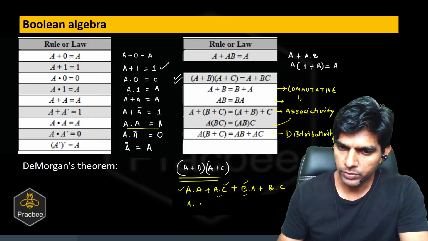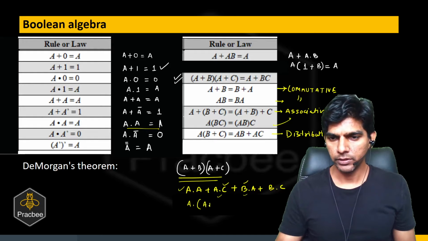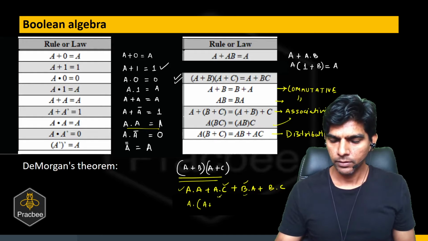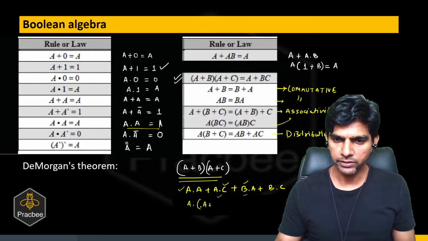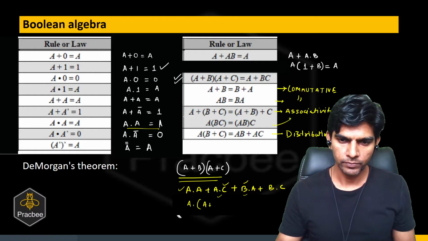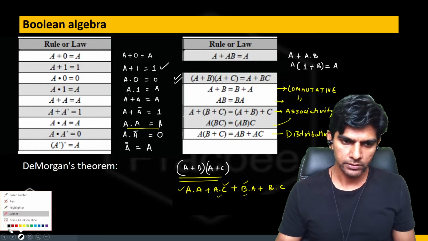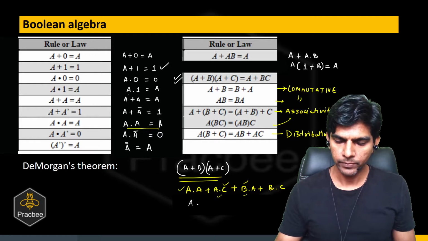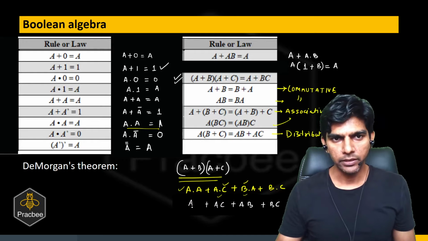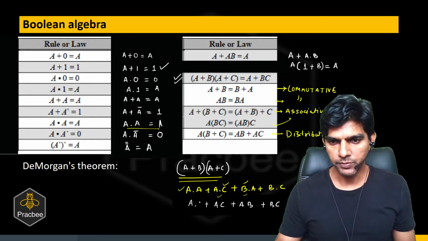So it will be A plus AC plus AB plus BC, and A can be written as A times 1.